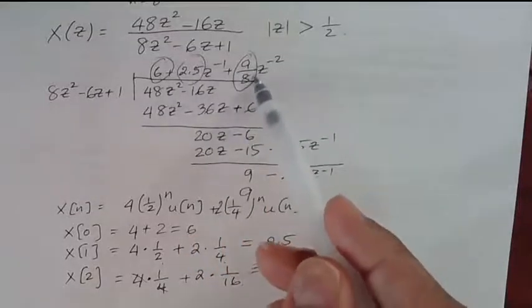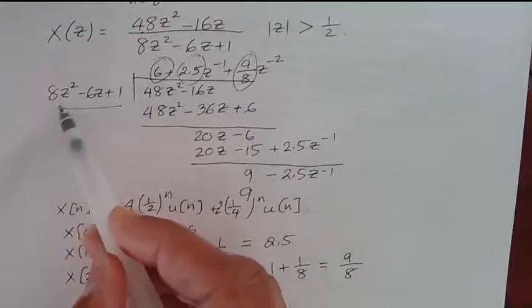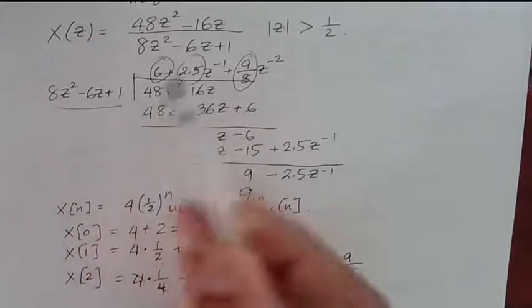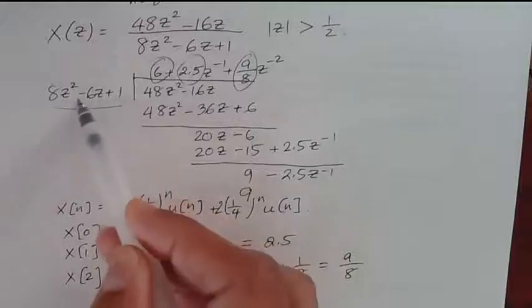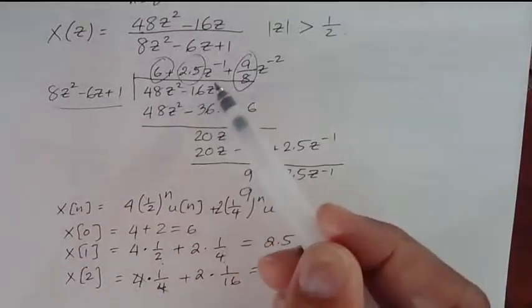If I have a left-sided sequence, then what I need to do is flip this. So instead of writing this as 8z squared minus 6z plus 1, if I flipped it and wrote it as 1 minus 6z plus 8z squared, what I would get would be the left-sided.